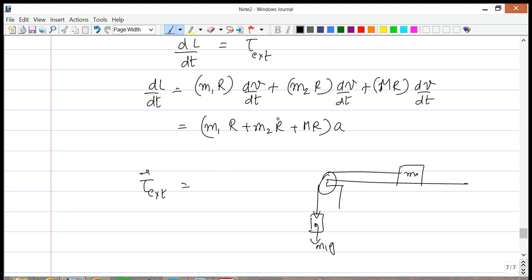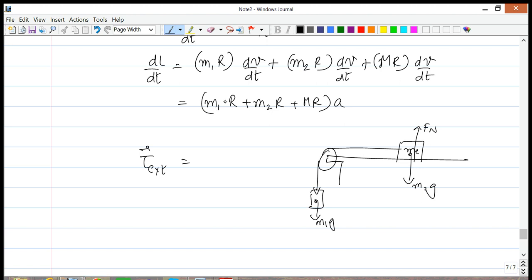Then we have M2g pulling down, and the contact force, which is equal to M2g, pushing up. Then we have the force of tension. We're going to find all torques about this axis, and we also have the axis itself exerting a force that may be responsible for some torque.